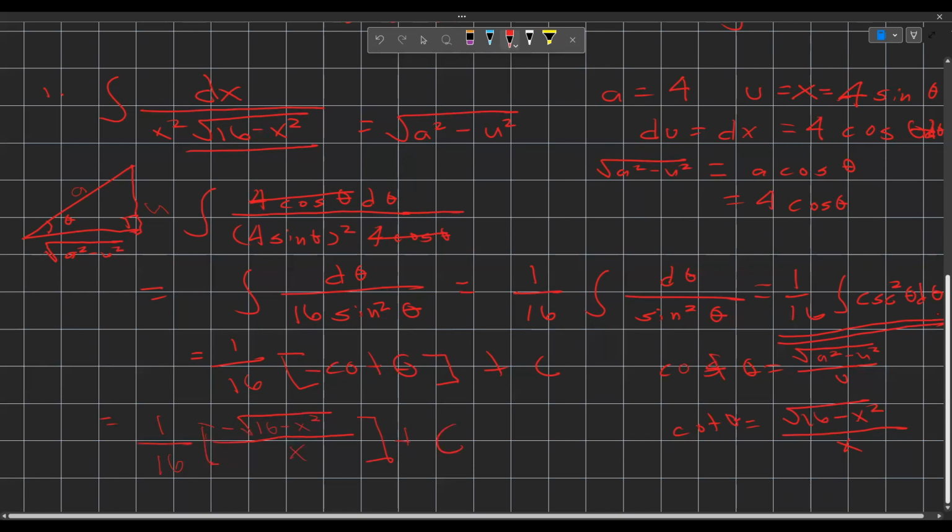Which means that our final answer for this problem is equal to negative the negative square root of 16 minus x squared all over 16x plus c. Don't forget the c. That is the answer to our first problem.